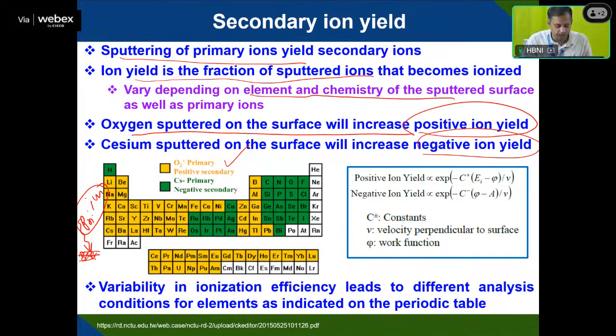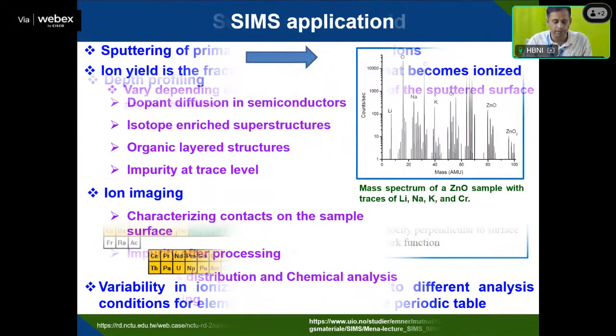Most of the elements in the periodic table you are able to identify, from hydrogen to bismuth, and some of the inner transition elements. Variability in ionization efficiency leads to different analysis conditions, as indicated in the periodic table. Depending upon the primary source, one is able to identify different materials.